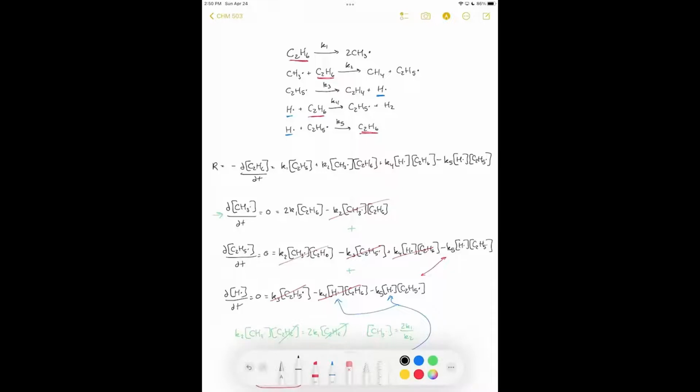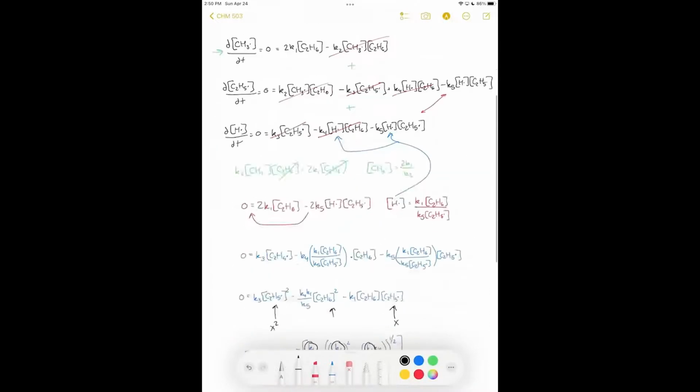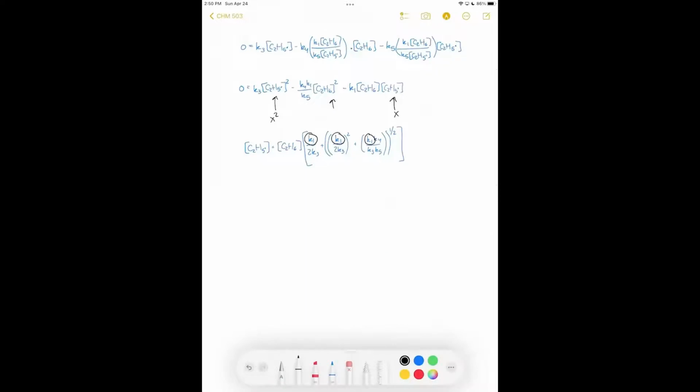Now, what that means is that initiation is slow and K1 is very small. If K1 is very small, then the K1 squared term here is even smaller. And if K1 is small, the square root of K1 shown here is much bigger than K1. So with that, we can say that this term is the only one that is actually substantial to measure.